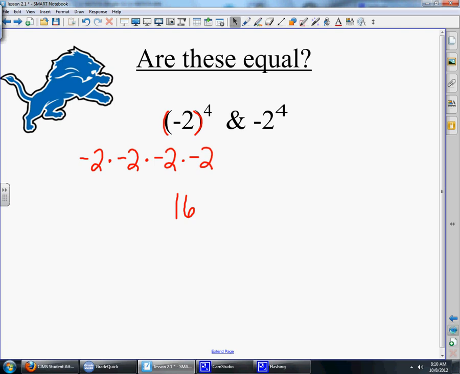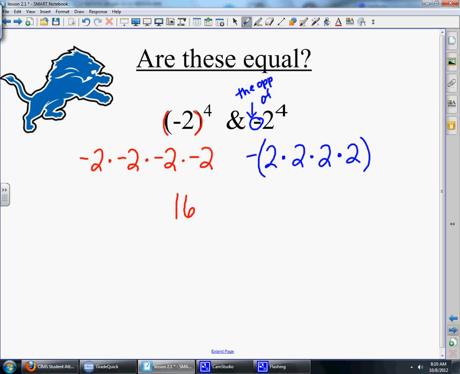Which this one says here is just 2 to the 4th power, and this is saying the opposite of. So we have 2 times 2 times 2 times 2, and then we're going to put a negative sign on the front of it.